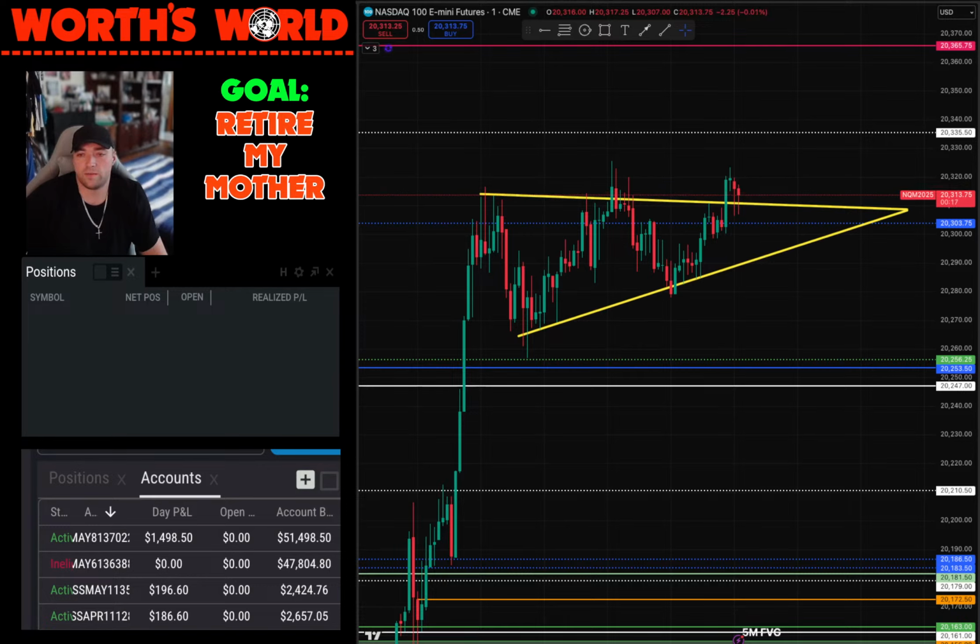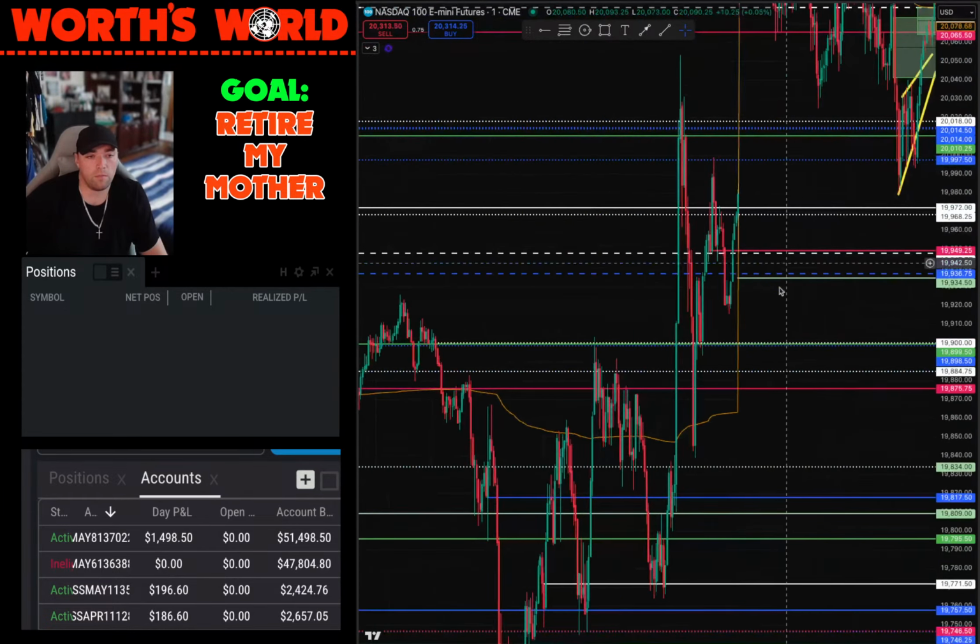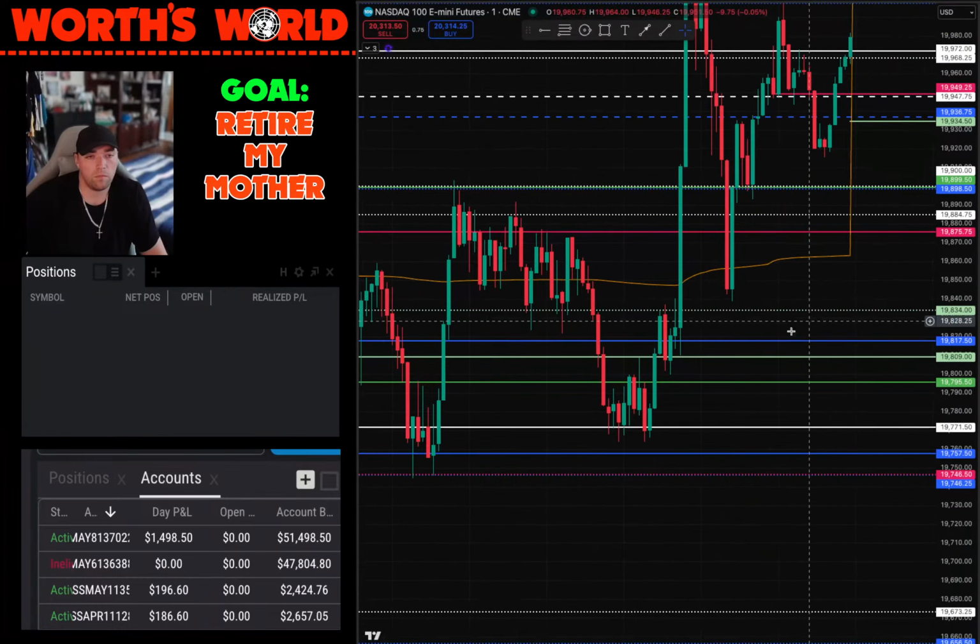So on that pullback, that bull flag at 320 starts spilling out down to 330. I get long at 809 and 795. I was at the 1 minute fair value gap, 707, 786. And that 1 minute wave from the low it set right there at 746 to the high, it swept to 786.